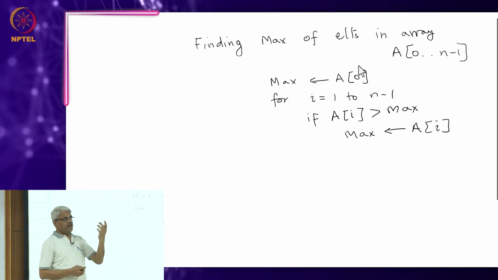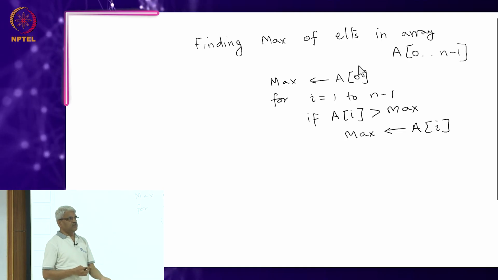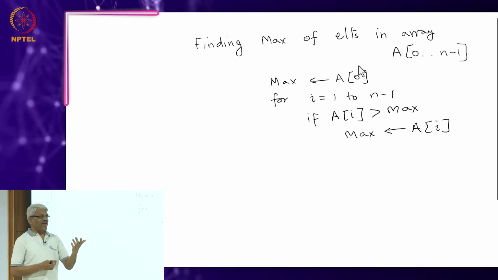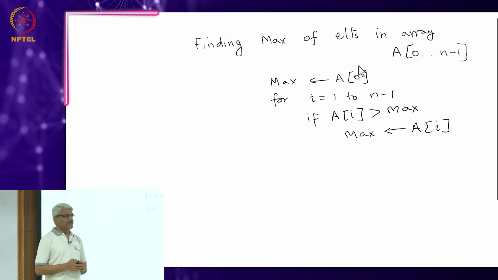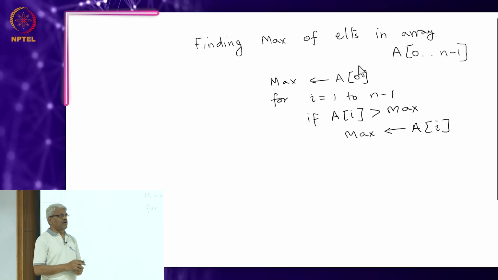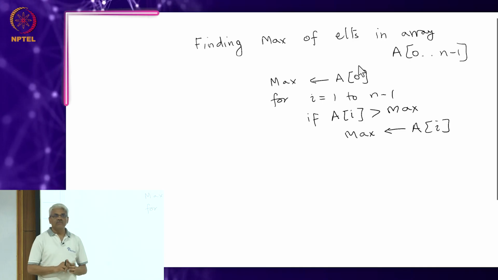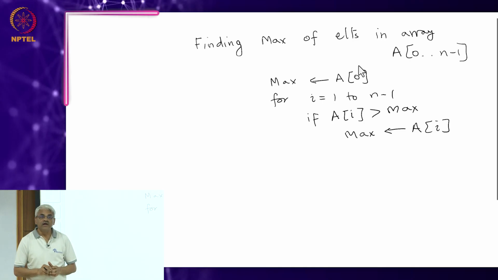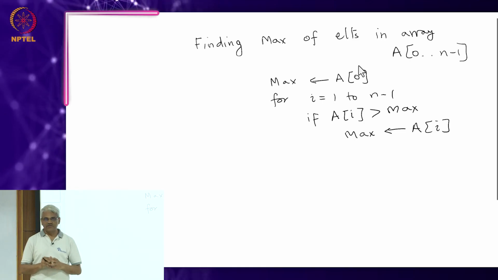So we said the number of comparisons in the worst case is n minus 1. But now I want to say, what is it on the average? So average over number of experiments.